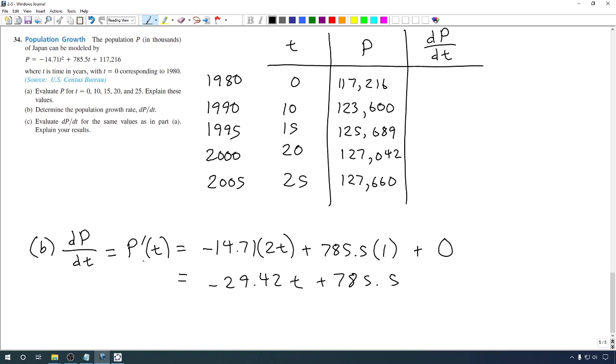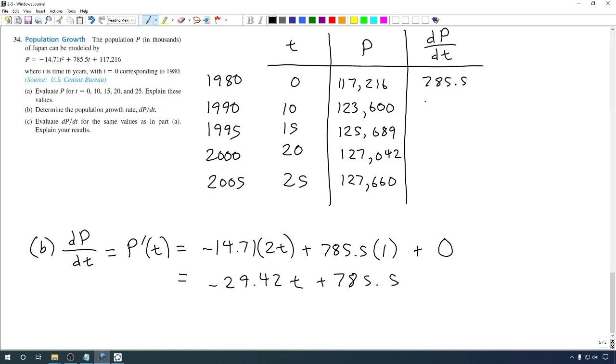In part C, they want us to use this formula we just got and put these same 5 values in it. So, for instance, at t equals 0, I just get this 785.5. When I plug in 10, I actually have to compute what it is.